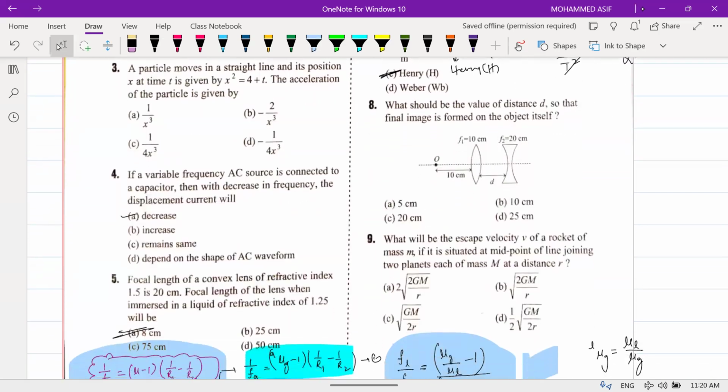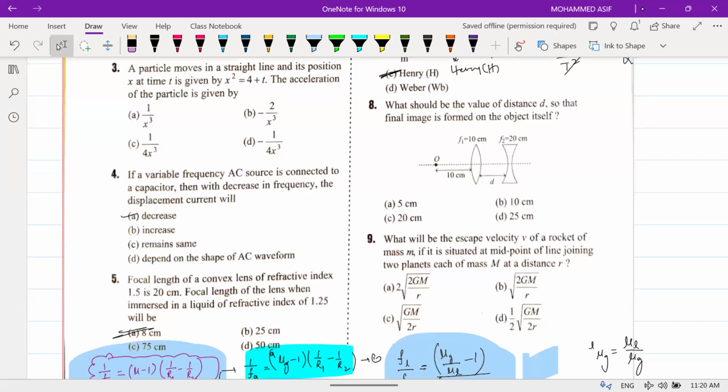Question number 8. What should be the value of the distance d so that the final image is formed on the object itself? You know that whenever object and image are coinciding, the object should have been kept at the center of curvature. Since the object is placed at the focus of the convex lens, after refracting through the convex lens, all the rays will go parallel. Again, this ray will pass through the concave lens, which will diverge these rays, and a virtual image will be formed at the focus of 20 centimeter.